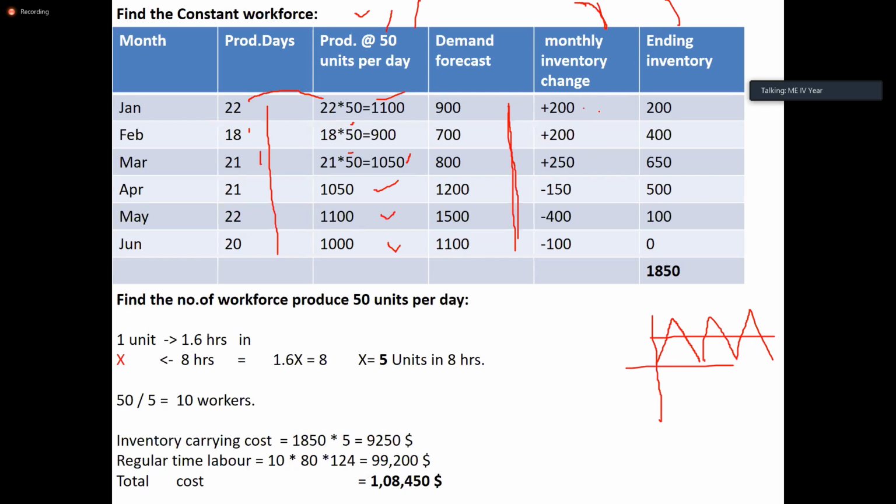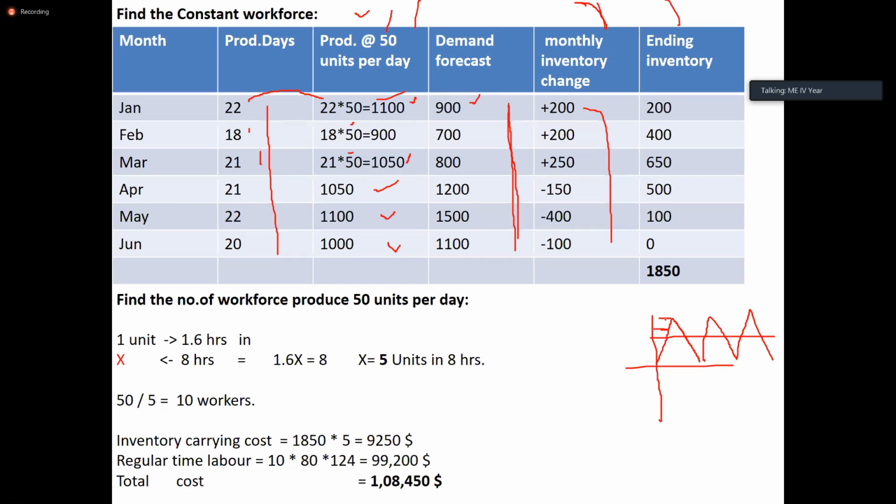You can see plus minus coming. Wherever our demand is 900, you can see here in the first line, our demand is 900 but we produced 1100.